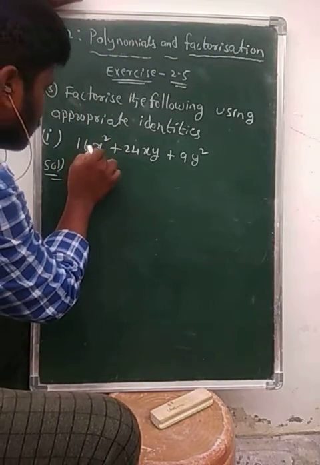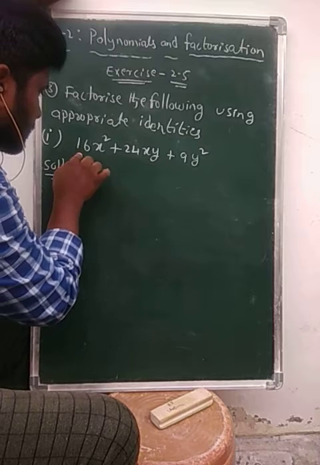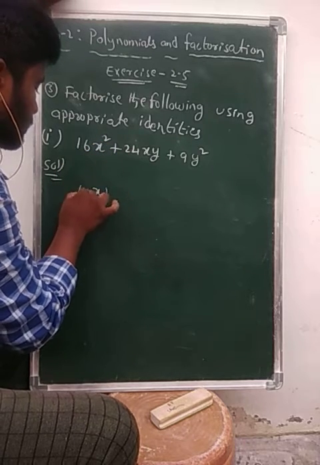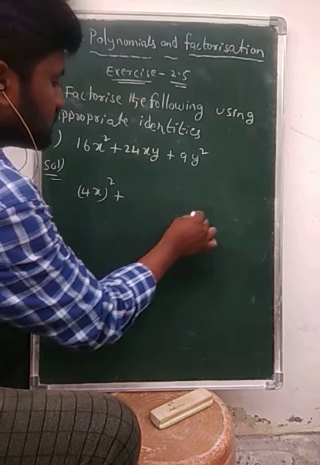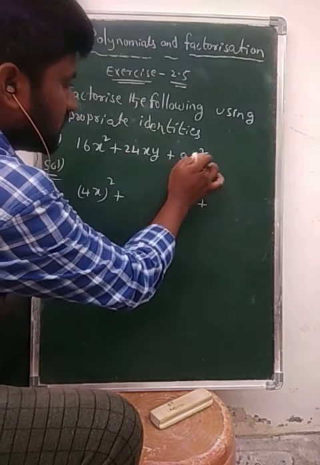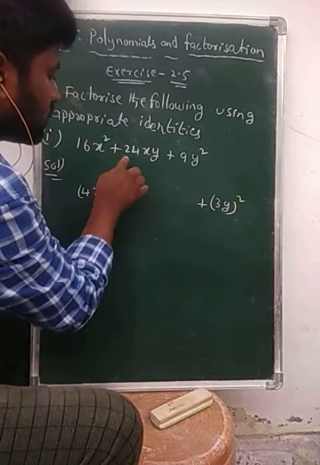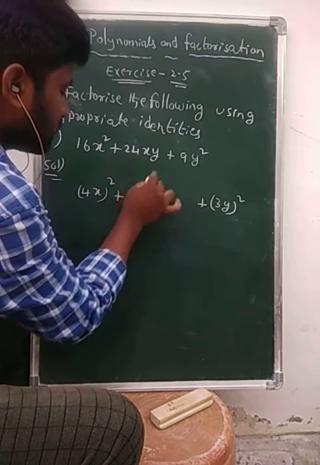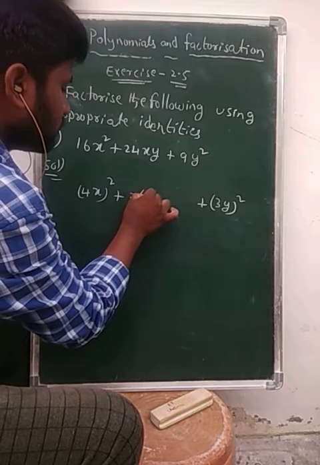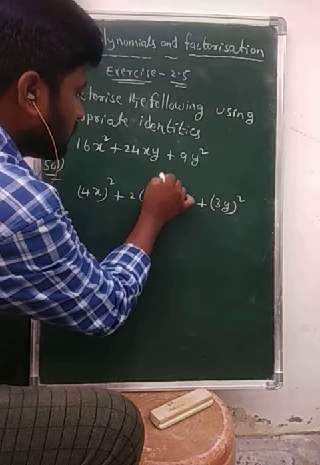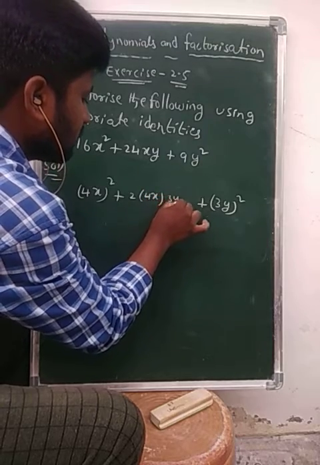The given expression, 16x square, we can write it as 4x whole square, plus 9y square, we can write it as 3y whole square, and 24xy, we can write it as 2 into 4x into 3y.